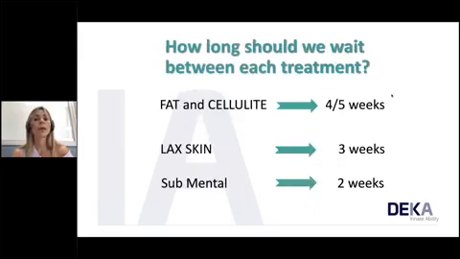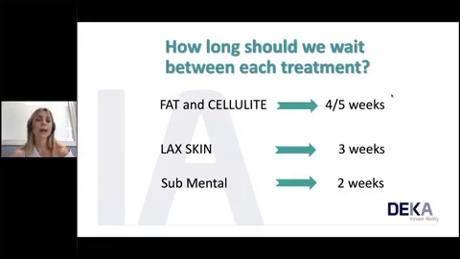How long should we wait between each treatment? This is a very important point, because in order not to stress too much our lymphatic system, it's important not to reschedule our treatment before 4 weeks. This is when we have to treat fat and cellulite, in which we'll use very, very strong parameters. So normally, the treatment will be rescheduled after 5 weeks.